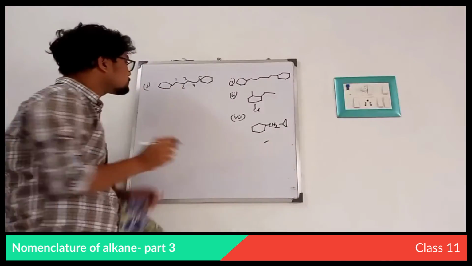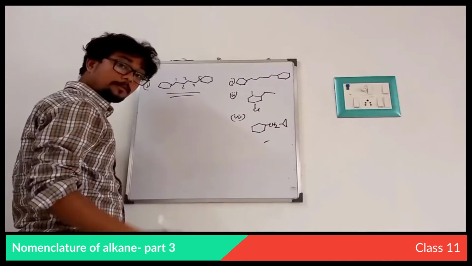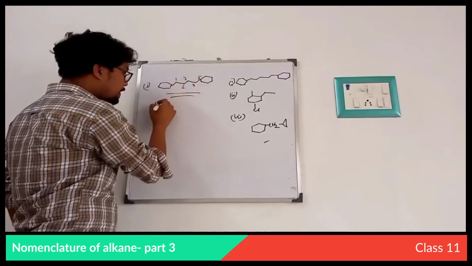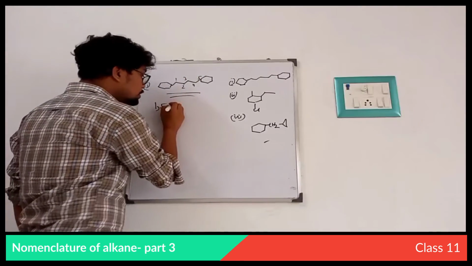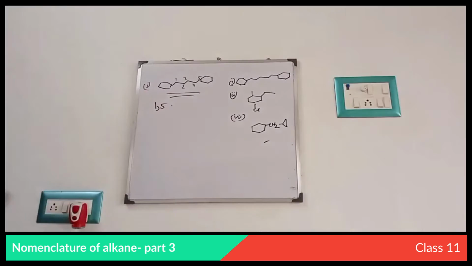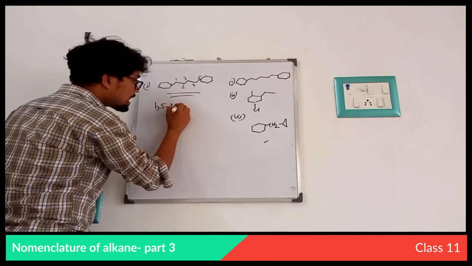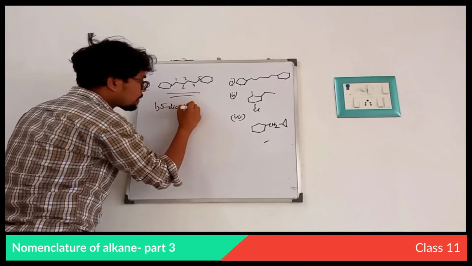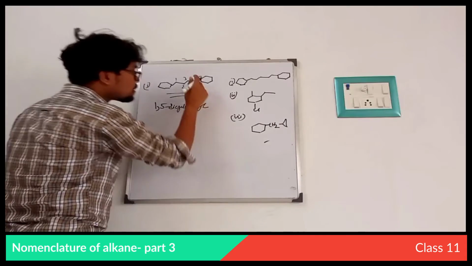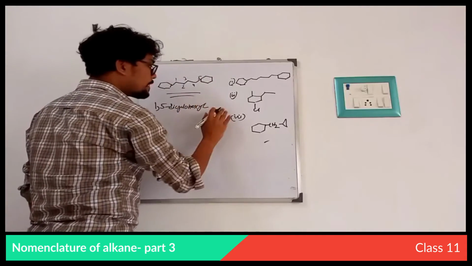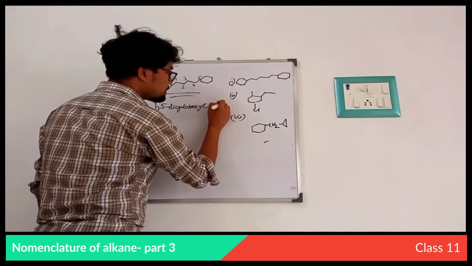Okay. So now what happened? Nomenclature 1 and 5. Sorry, 1,5-dicyclohexyl, 1 2 3 4 5 carbon, that is pentane.